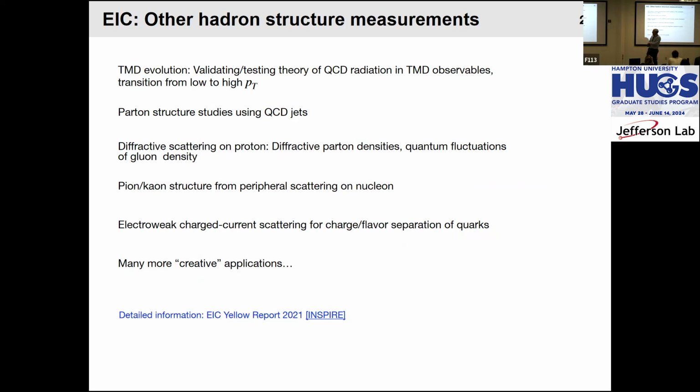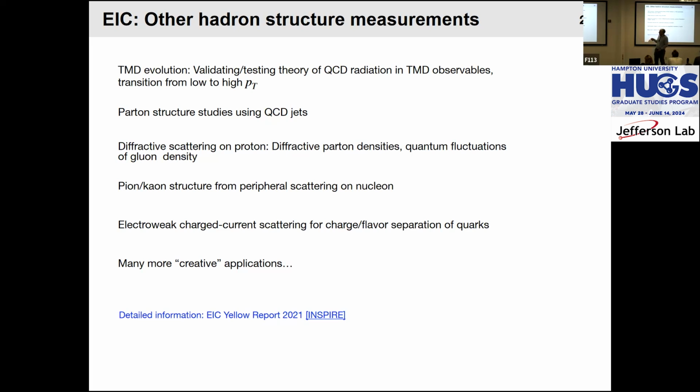So let me just say, we went over a few selected examples of EIC measurements. There are many other applications out there that are being pursued, and you should talk to our colleagues who care deeply about this or that physics. So just a few of them that were not listed here.